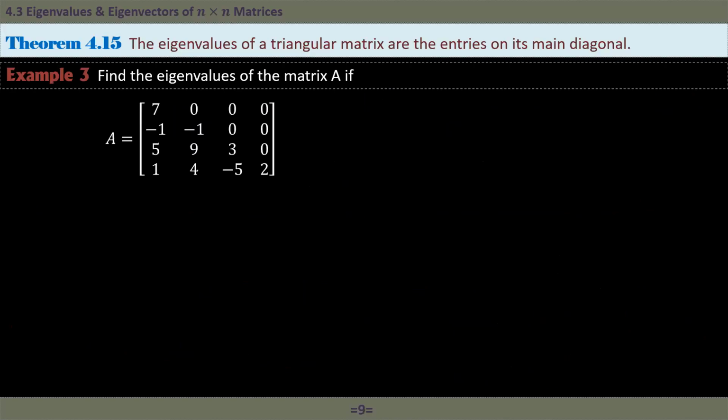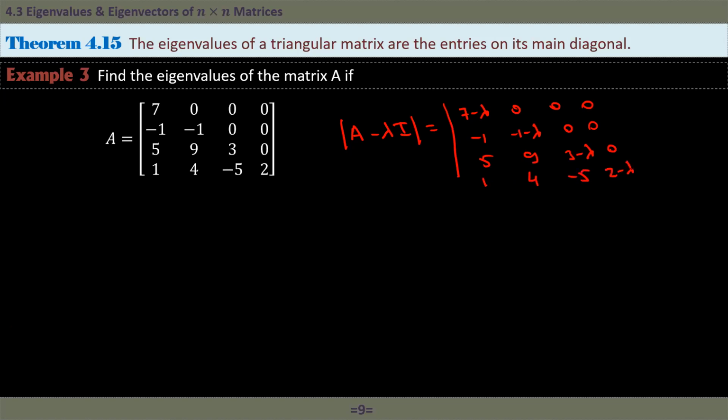Okay. So the eigenvalues of a triangular matrix are the entries on its main diagonal. Why? Because here it's a lower triangular matrix, right? And if you just form A minus lambda I, what do we get? We get the matrix with 7 minus lambda, 0, 0, 0; negative 1, 1 minus lambda, 0, 0; 5, 9, 3 minus lambda, 0; and 1, 4, minus 5, 2 minus lambda.